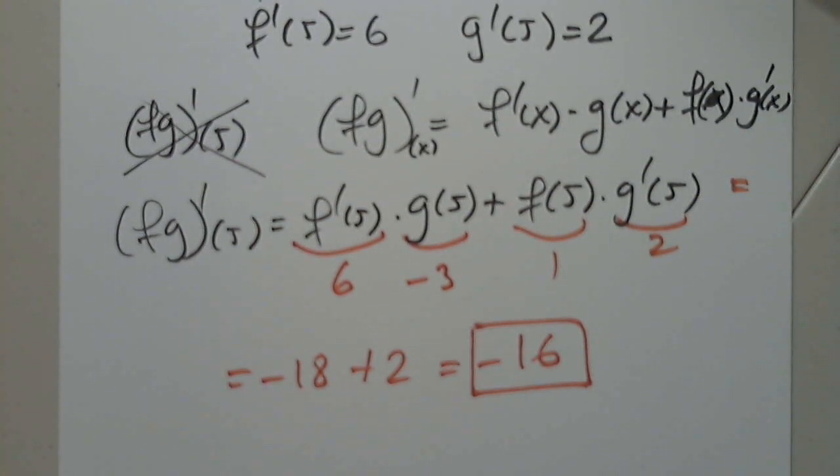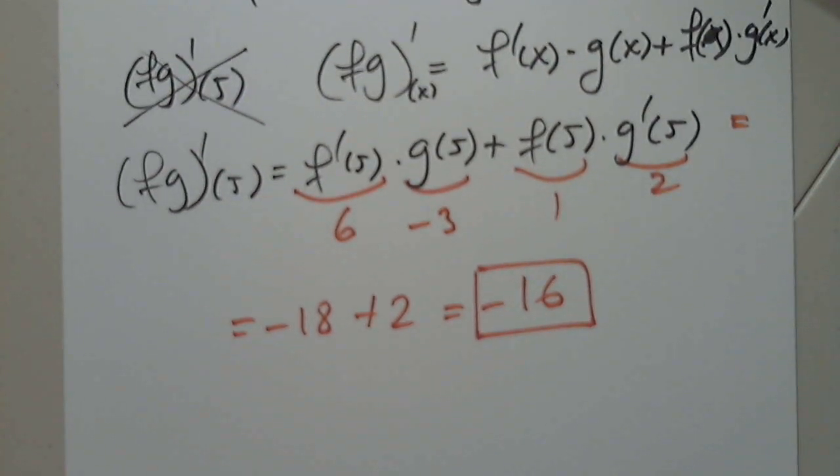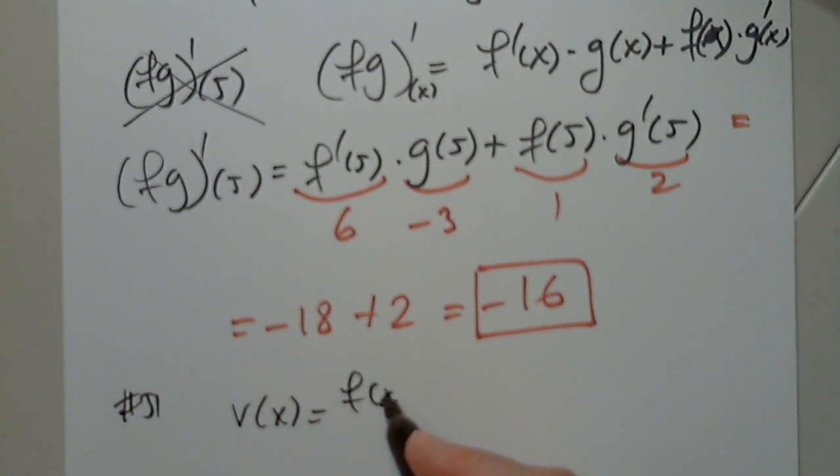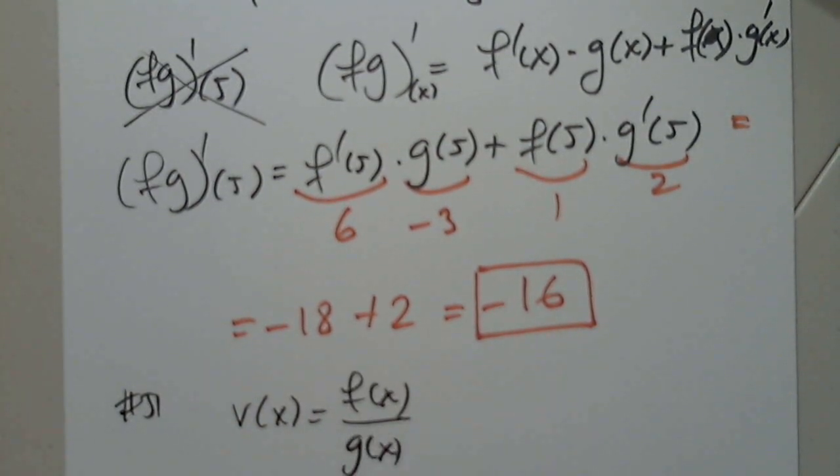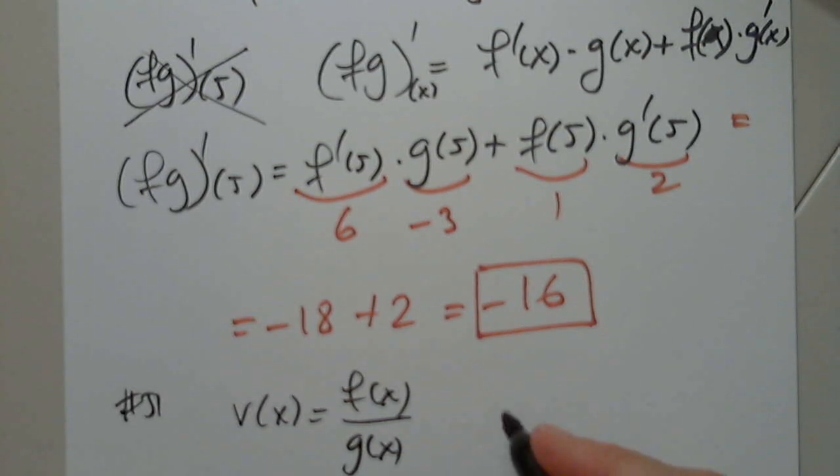Which one? We did the product before, so let's do the quotient this time. So this is 51. And we want to look at V of x, which is F of x over G of x. And we want to find V prime of 4. We are not given the information, but we are given the graphs.